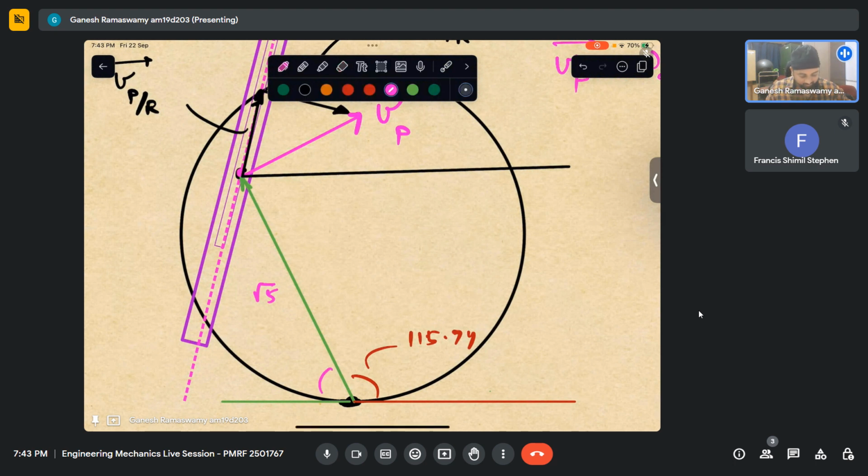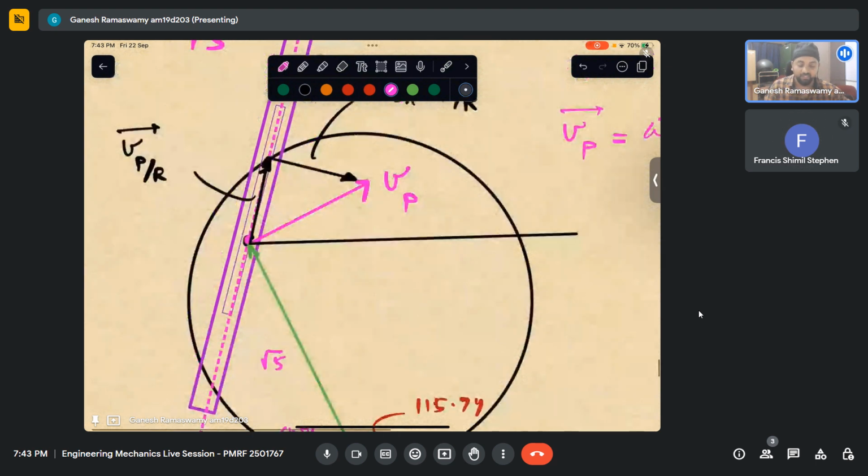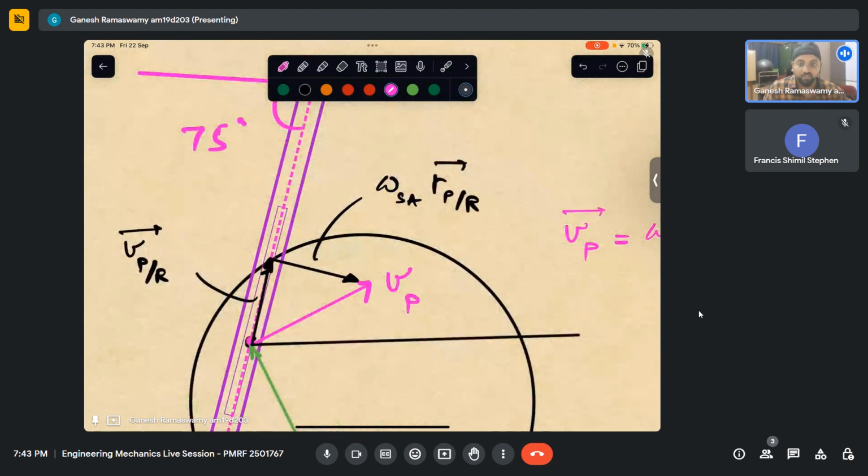What is this angle? I know this is 115.74, so this comes out to be 64. Yes, by the instantaneous method I have got Vp. I'm just trying to find out what the other two are by coincident points, by having a fictitious point.